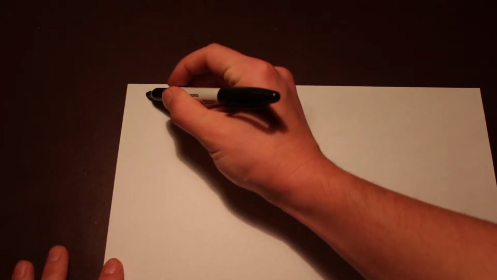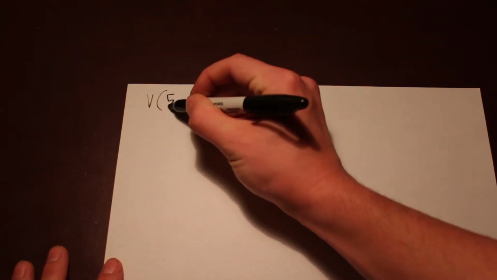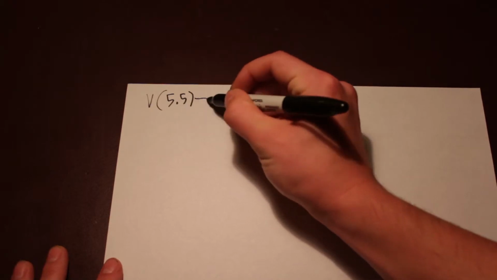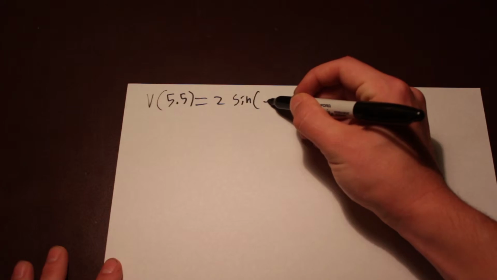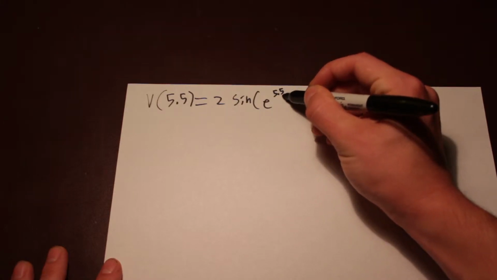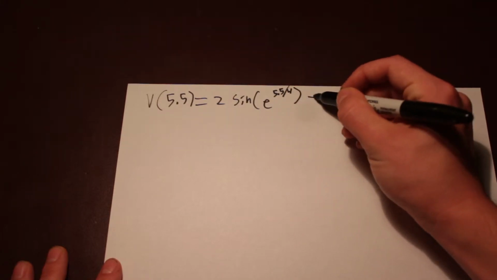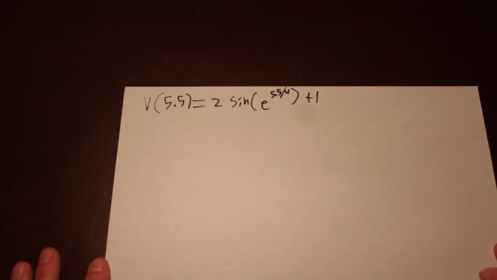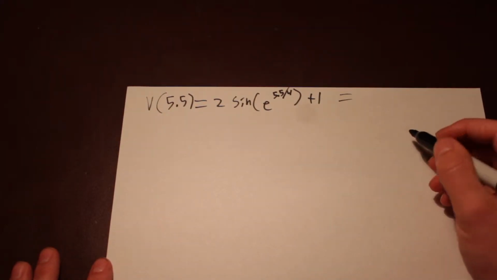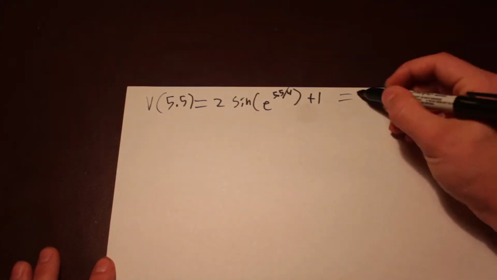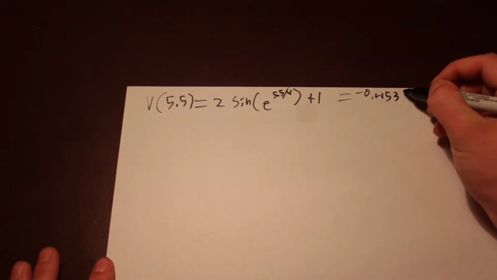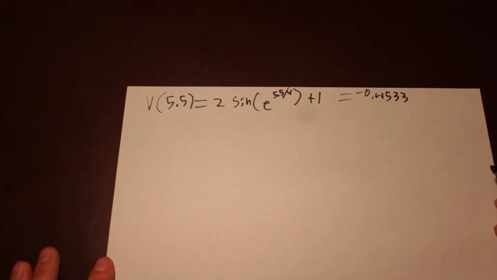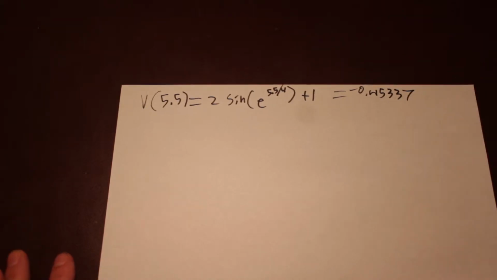So we get v of 5.5 equals 2 sine of e raised to the 5.5 divided by 4, plus 1. You end up getting a final answer from that of negative 0.45337. So the velocity is negative.